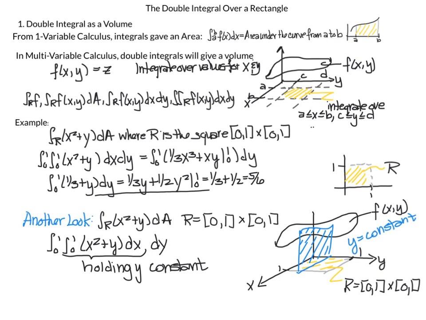Another look, you can consider this inner integral as, like here, when I said we were integrating with respect to x, we considered y a constant. So it's like holding y constant and then evaluating the integral, the heights of the function for a constant value of y, and then x.